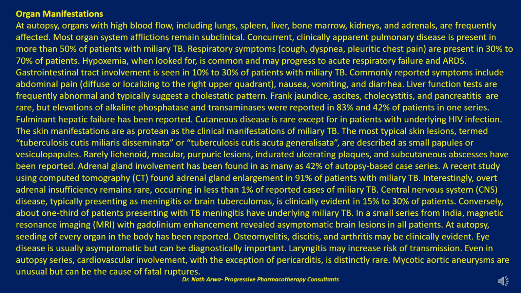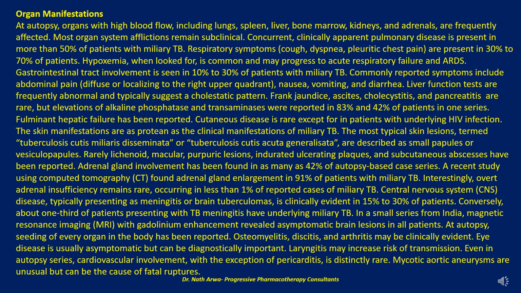We will now look at organ manifestations. At autopsy, organs with high blood flow, including lungs, spleen, liver, bone marrow, kidneys, and adrenals, are frequently affected. Most organ system afflictions remain subclinical.